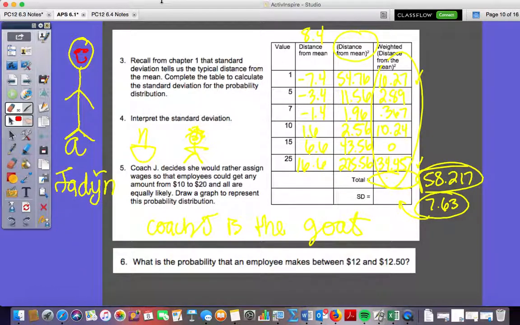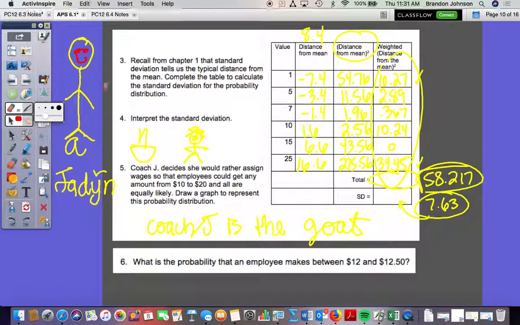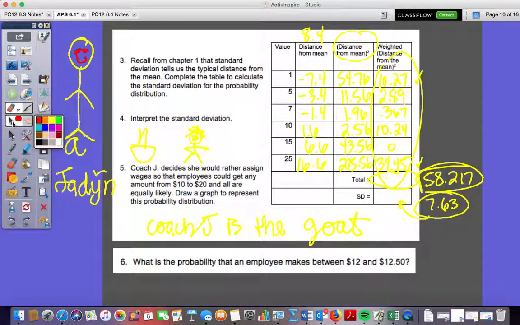Wait, I need to write it's a joke. Oh my god, it's literally not working. Coach Jay is a goat. First off, she wrote it and it's the goat. The greatest of all time.